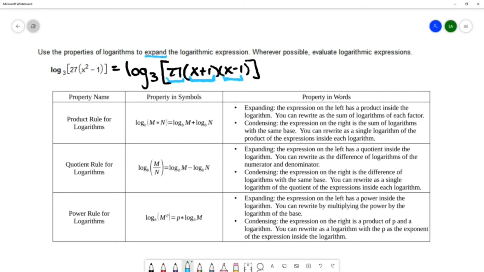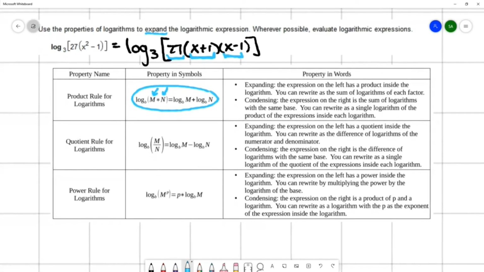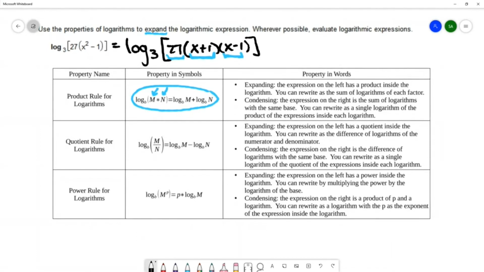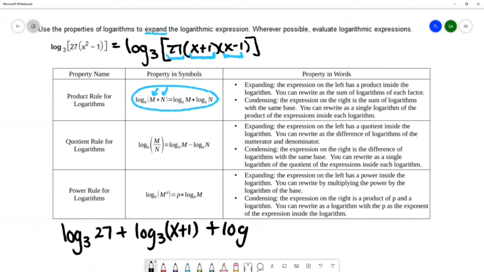And so when we use the product rule, this example I've given you only has 2 factors, and we're going to use 3. So that can be written as log base 3 of 27 plus log base 3 of x plus 1 plus log base 3 of x minus 1.